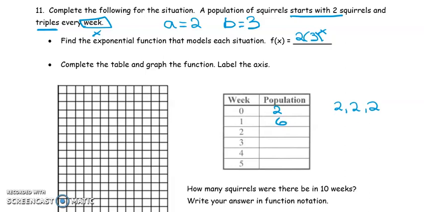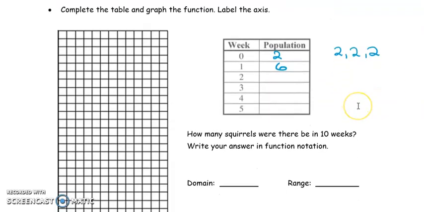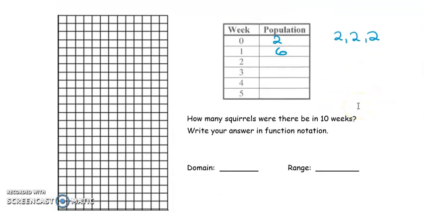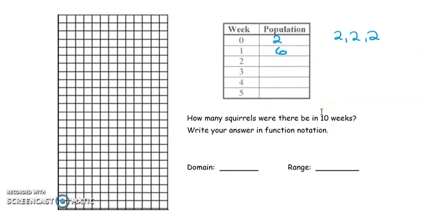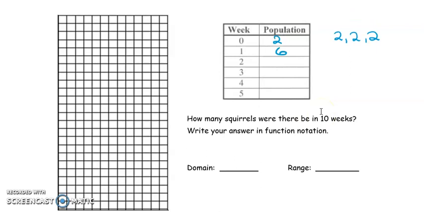Okay, so what I want you to do is go ahead and keep tripling to get your table. Then you're going to label your X and Y axis, plot your graph, answer how many squirrels in 10 weeks, write your answer in function notation, and do the domain and range. So pause the video here, do those things, and come back and check your answer.